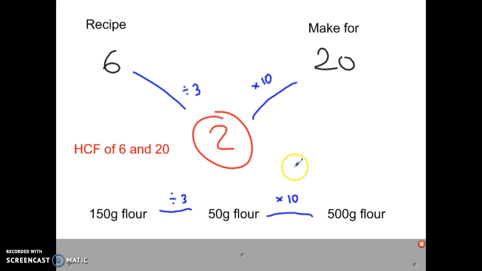I notice it didn't ask me to do this for the eggs, because there are certain quantities where dividing by 3 times by 10 wouldn't give me a whole number. But I was only asked to do it for the flour, so there's an example of how we would go about that, finding a highest common factor.